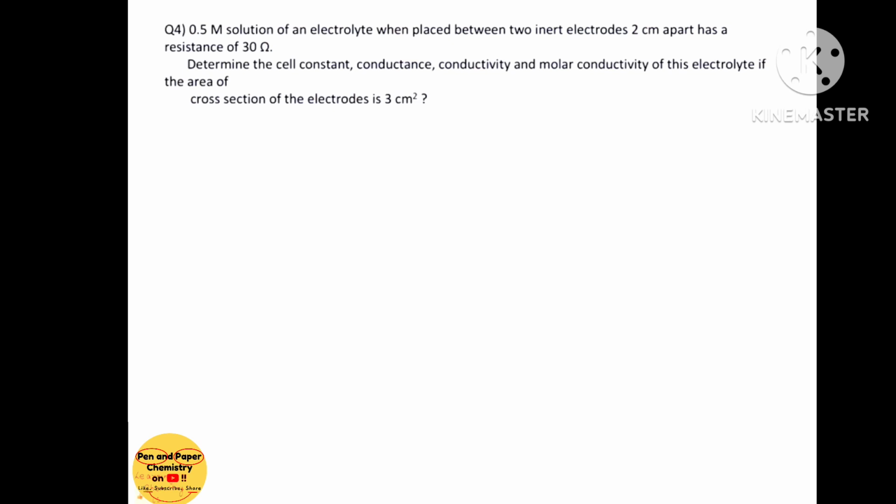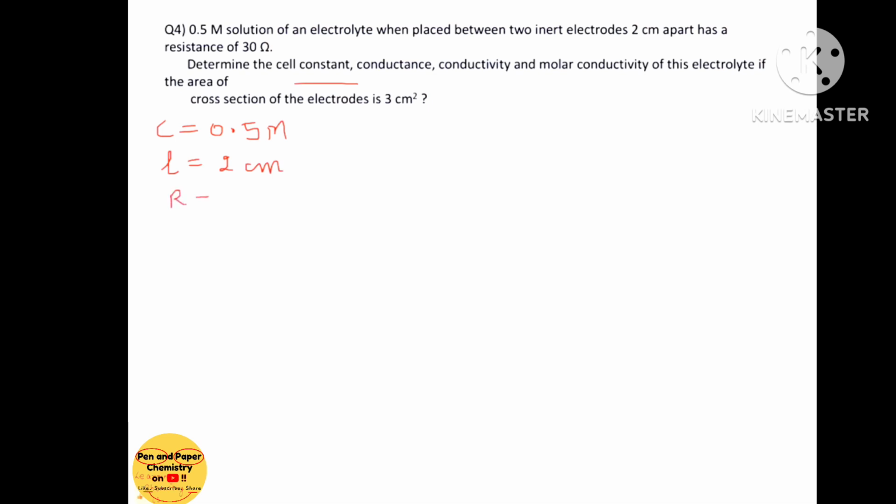A lot of information has been provided, but there's a lot that is still missing. Let's jot down what is provided to us. 0.5 molar solution, so concentration is 0.5 M. Placed between two inert electrodes 2 centimeter apart, so the distance between the electrodes is 2 centimeter, has a resistance of 30 ohms.